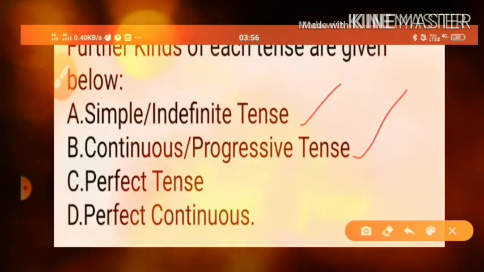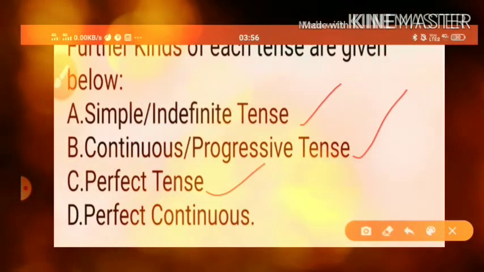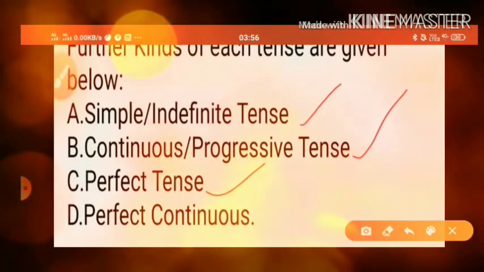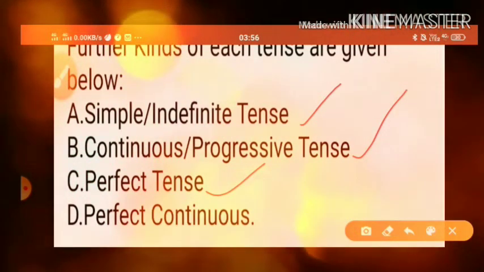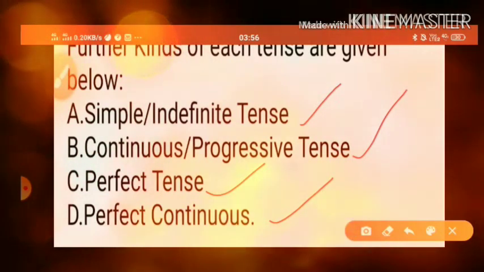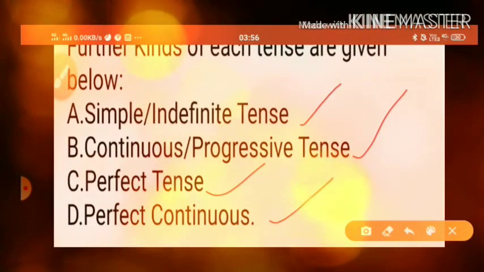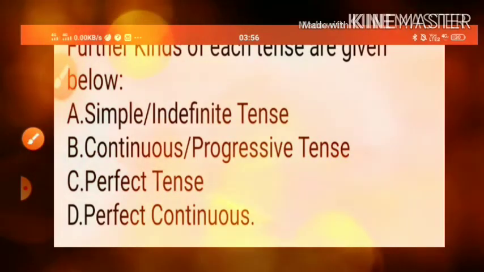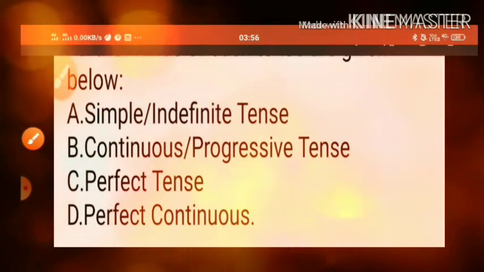For perfect, present perfect, past perfect or future perfect. And similarly the last one is present perfect continuous, past perfect continuous and future perfect continuous. So all these tenses cover the whole part of the tenses.